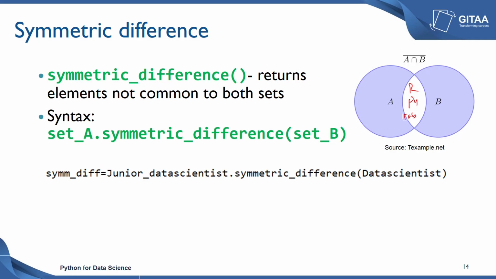Let us print the output of symmetric_diff. We get Java and Scala, which is the output for the symmetric difference.